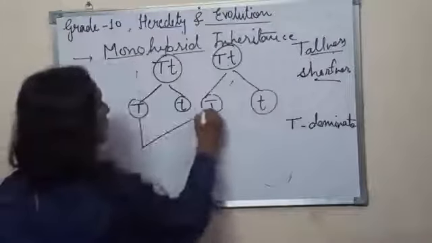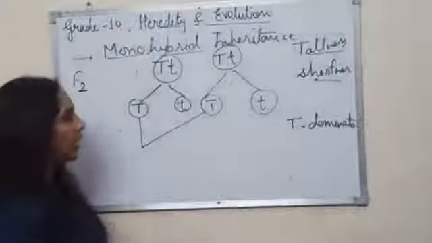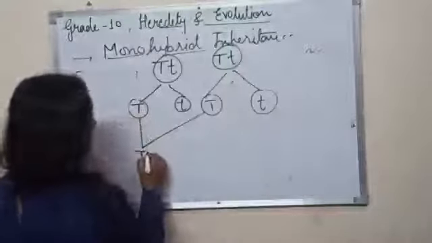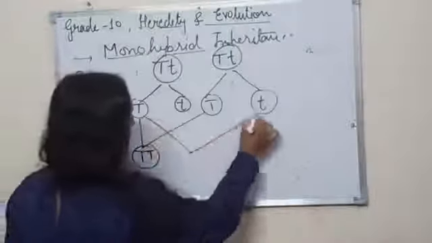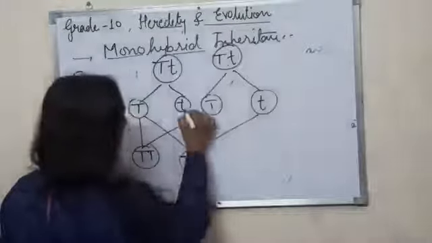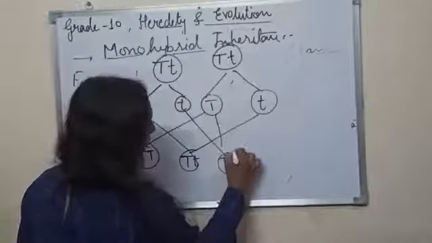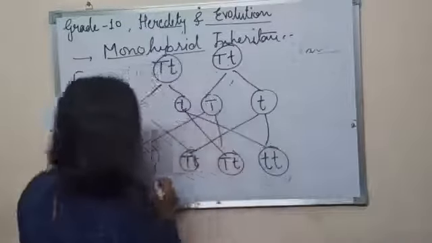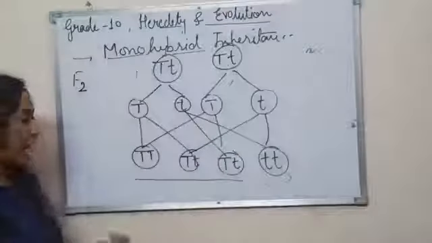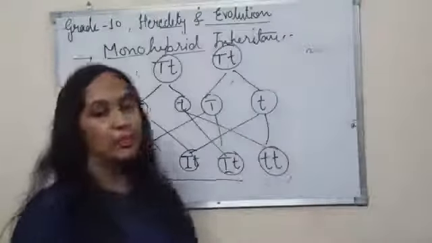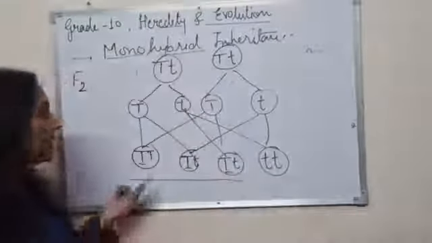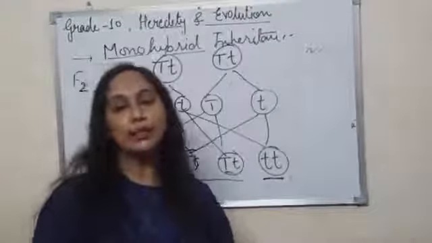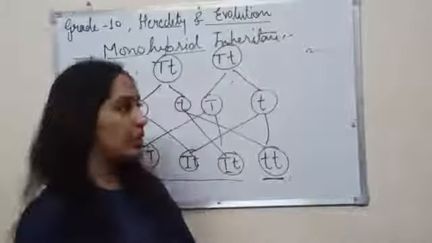Now during this cross, if we make a Punnett square, we can clearly see that we'll receive three plants which have a capital T in them. That means they will show tallness. One has a complete small allele, so it will only demonstrate a short plant.